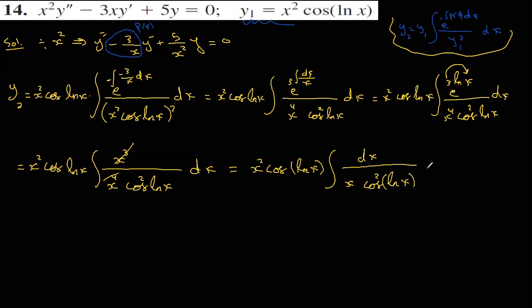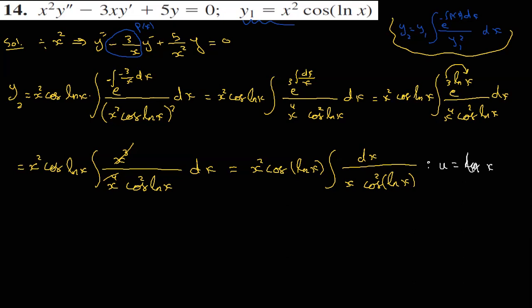We can let u equal cosine ln x. But this substitution isn't easy, because you choose cosine and ln together. We can actually let u equal ln x.